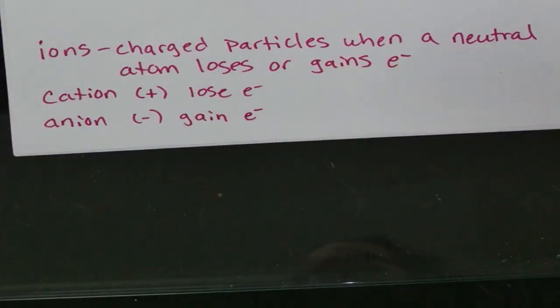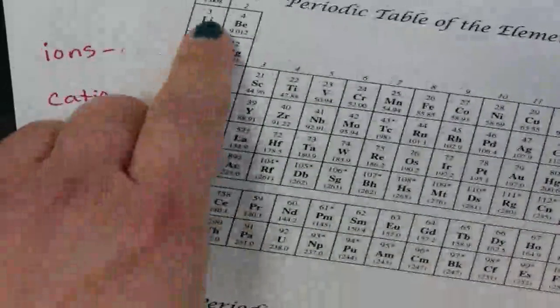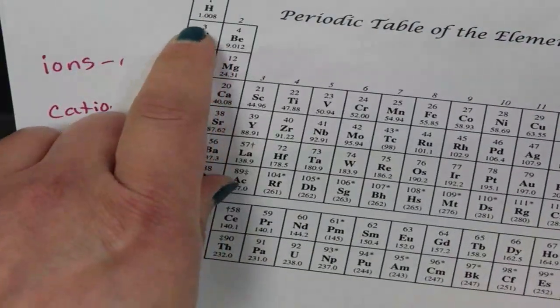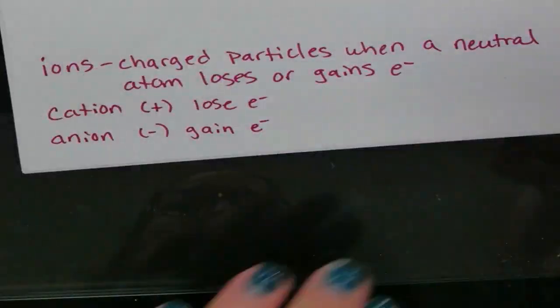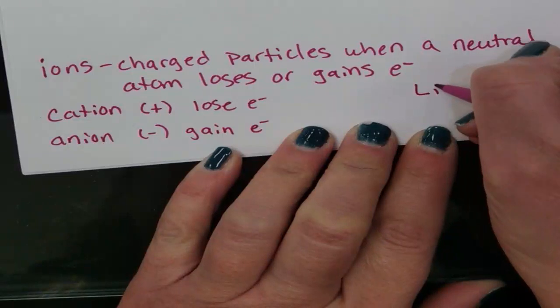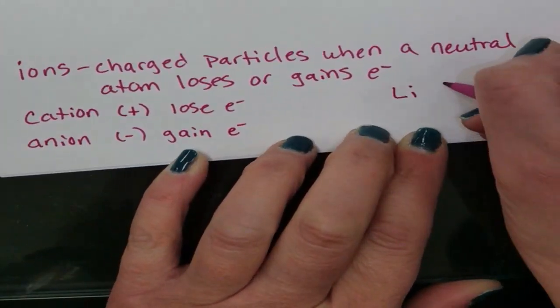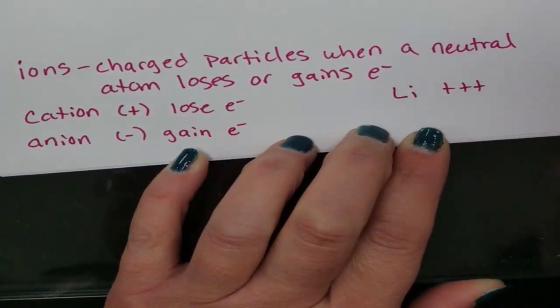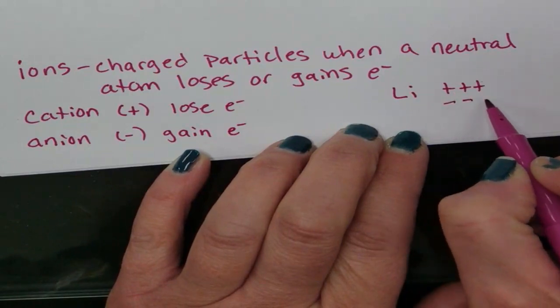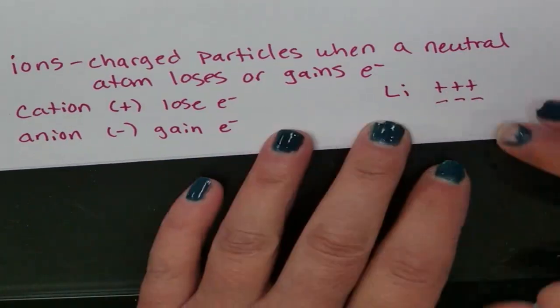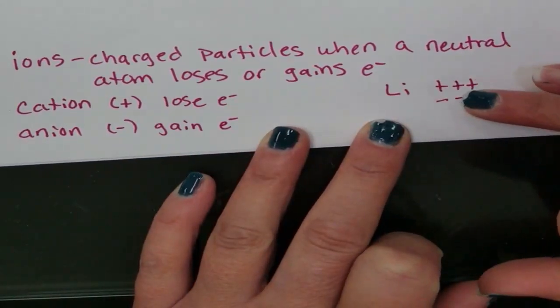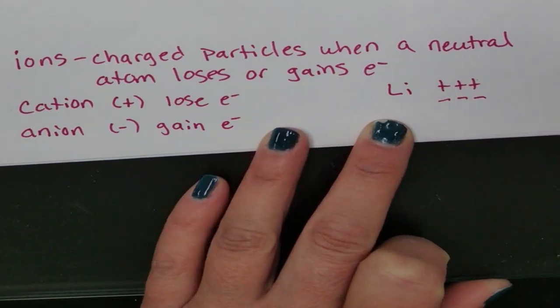So let's look at an example, and let's look at the example of lithium. Lithium has atomic number 3. So in its neutral form, lithium has 3 protons and 3 electrons. So it's neutral because all the positives cancel out all the negatives.